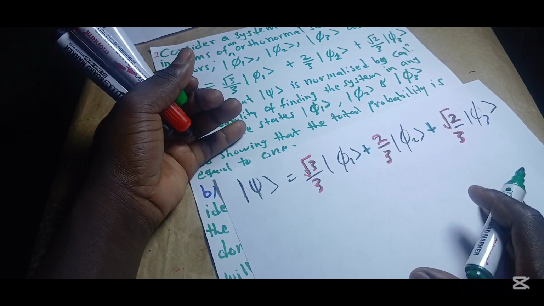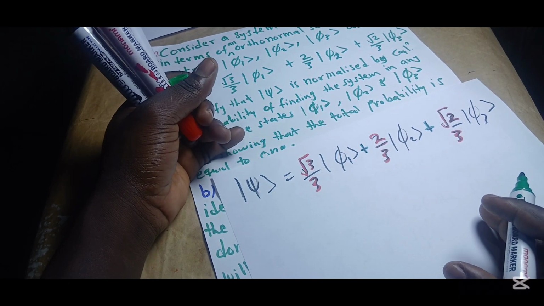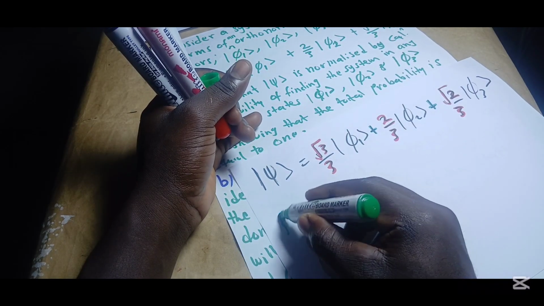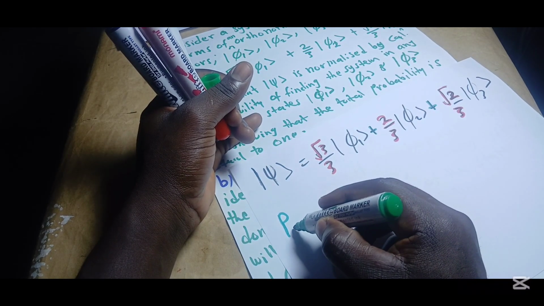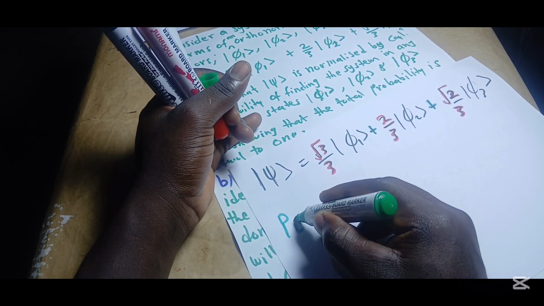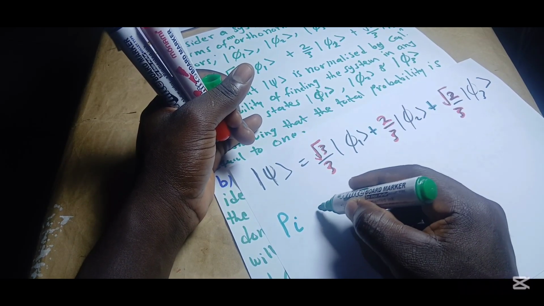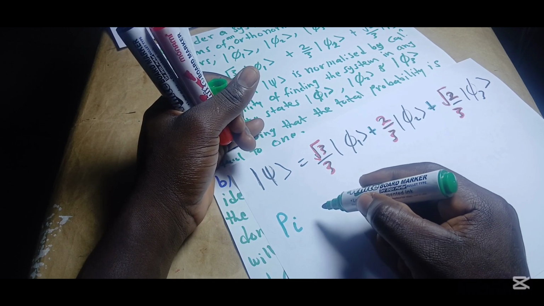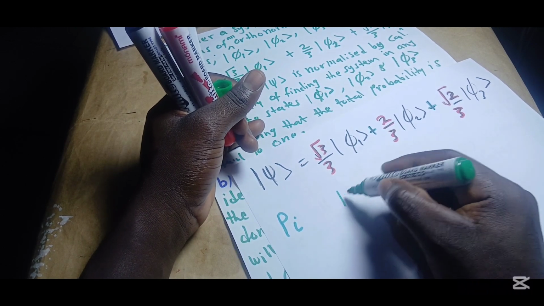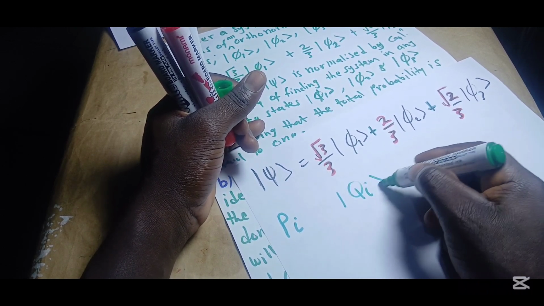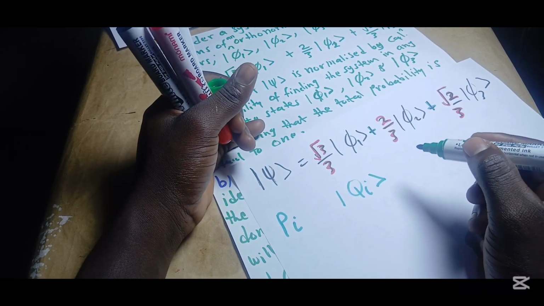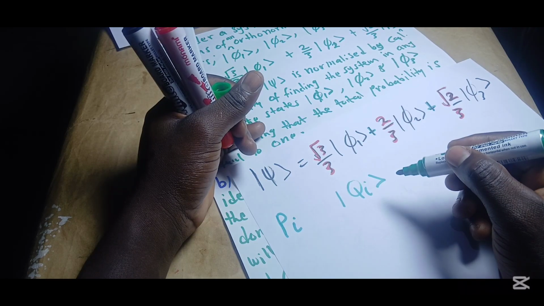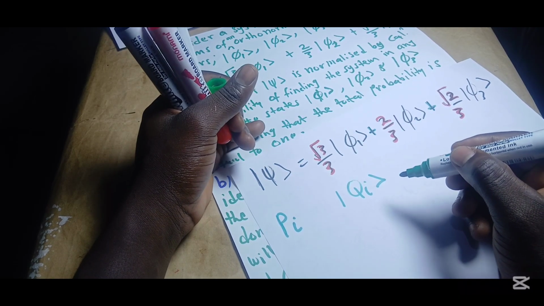The probability Pi of finding the system in state, let's say phi i, is given by the square of the absolute value of each coefficient.